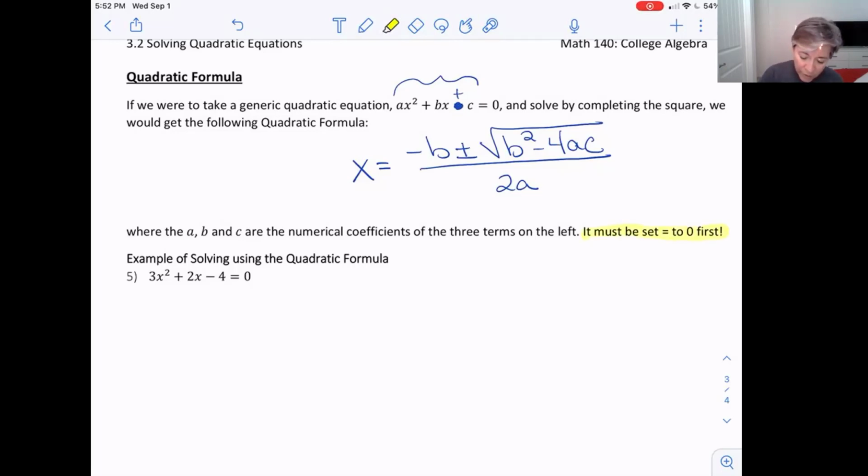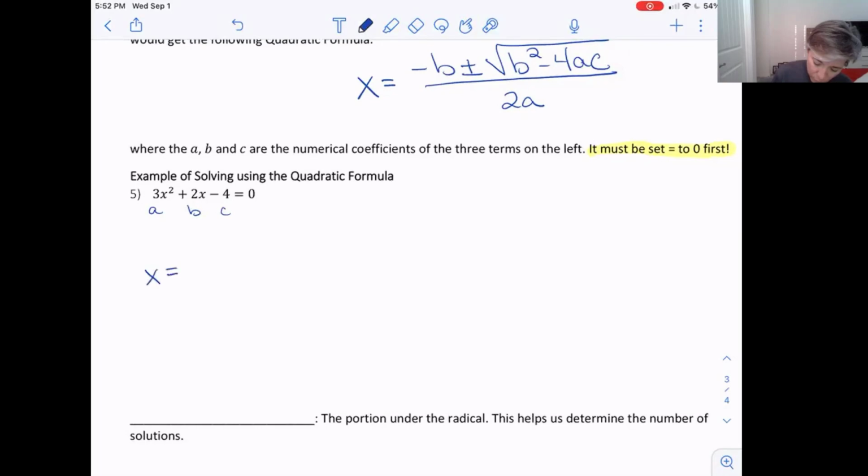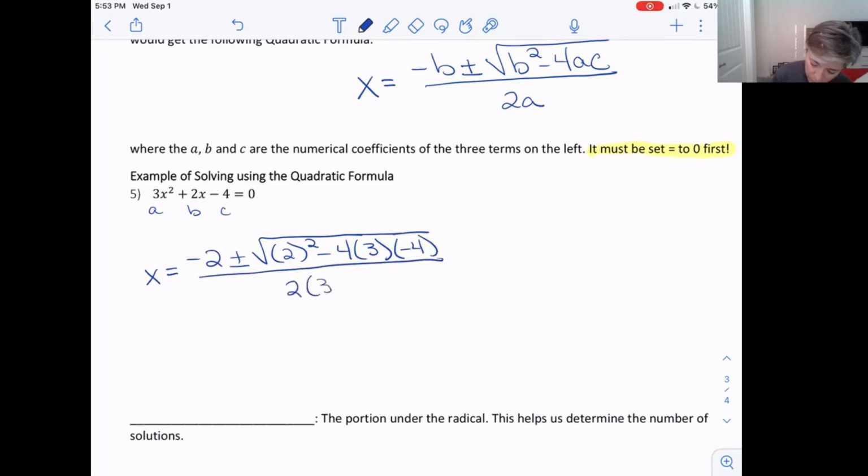So let's use the quadratic formula on this example, where 3 is our A, 2 is our B, -4 is our C. So x equals the opposite of 2 plus or minus the square root of our B squared, so 2 squared, minus 4 times our A, which is 3, times our C, which is a -4, all divided by 2 times our A, which is 3.